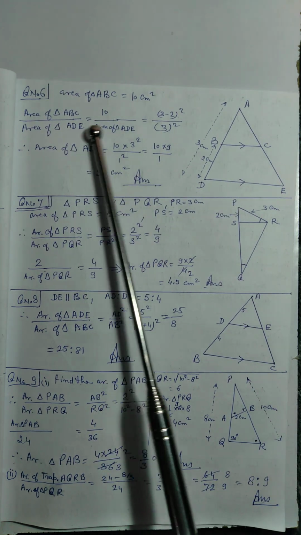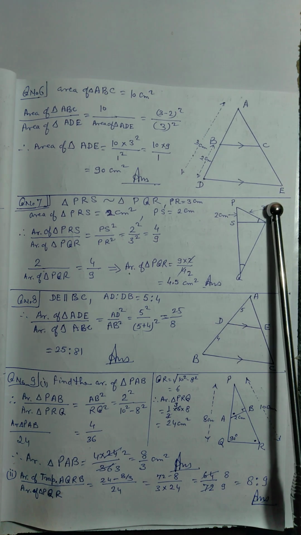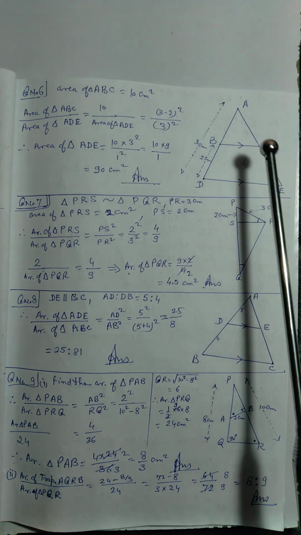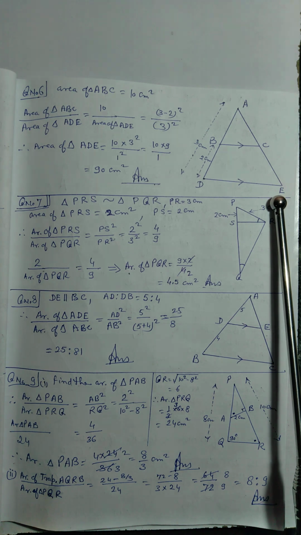So these two triangles are similar because these lines are parallel. So these triangles ABC and ADE are similar triangles.